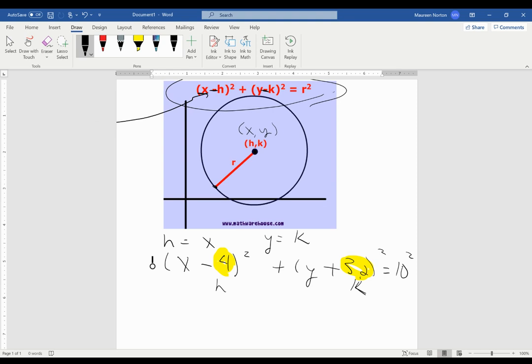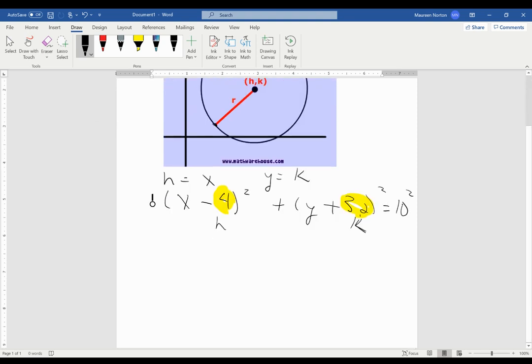So we're going to take the opposite of whatever is being subtracted or added. This is a subtract 4, so our H is going to be 4. And this one is an addition of 3.2, so our K is going to be negative 3.2. This means the center of our circle is (4, negative 3.2).